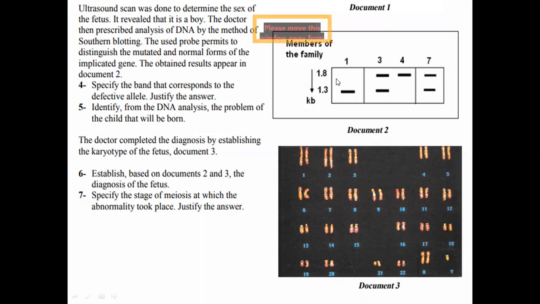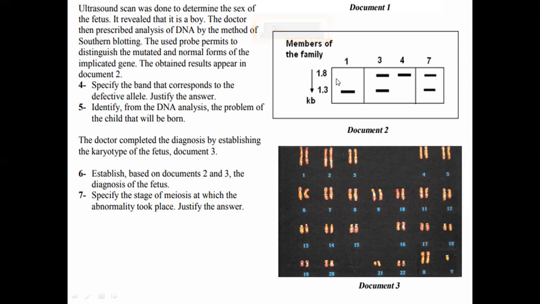Here the doctor prescribed the analysis of the DNA by the method of Southern blotting. They used a probe to distinguish between the mutated and the normal form of the gene. The obtained results appear in document 2.